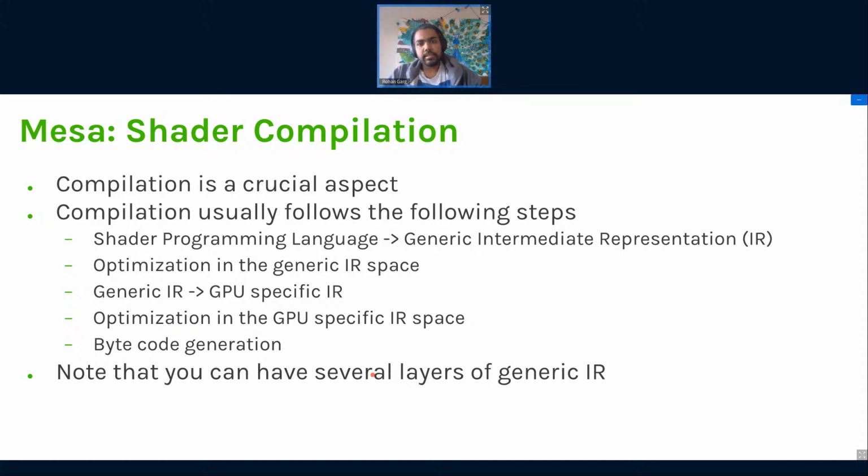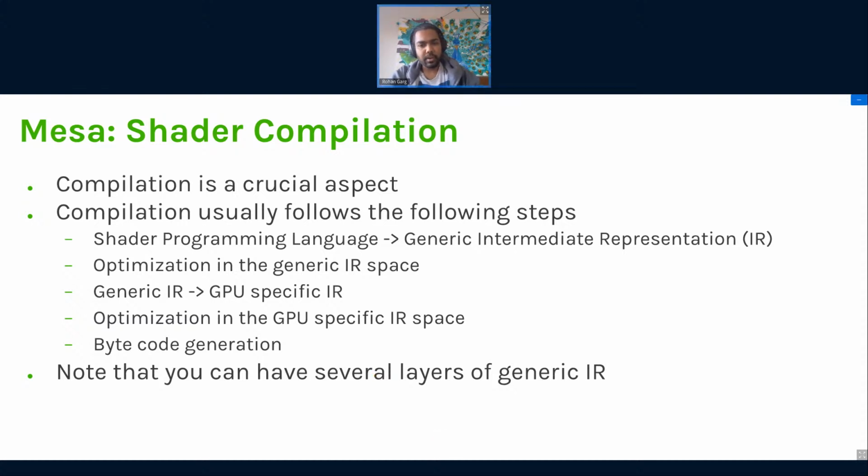This IR gets optimized by Mesa over a couple of passes, and then this generic IR gets converted into GPU specific IR, and then the GPU driver performs optimization in the GPU specific IR space. And then we have the bytecode generation, which essentially compiles this GPU specific IR into bytecode.